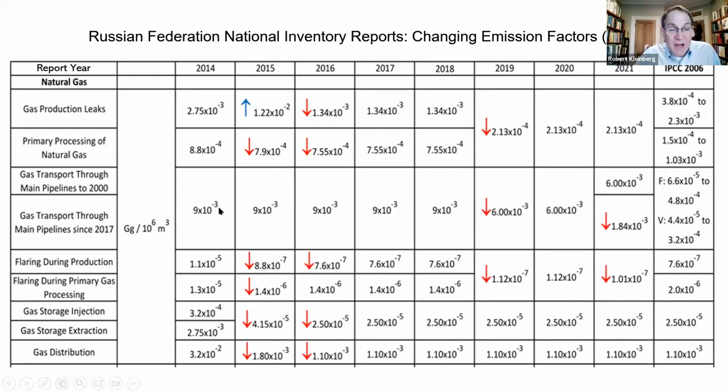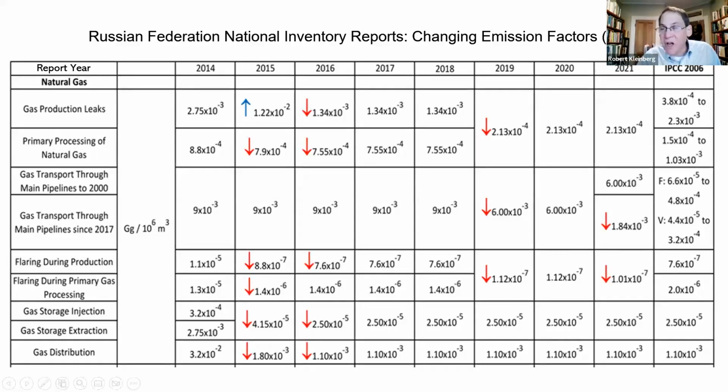And then here are all the emission factors. What I've done here to figure out what's going on is that every time the emission factor went up, I have a blue arrow, and whenever the emission factor goes down from the preceding report, there's a red arrow. And like I say, some of these changes are really big, on the order of magnitude size, which explains why those curves are bouncing around so much.